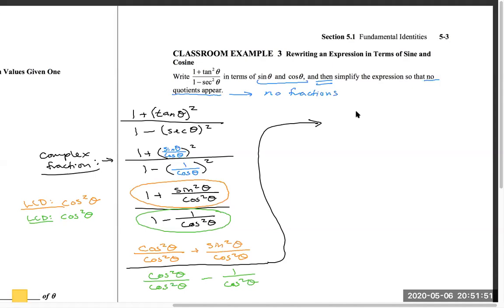All right, so once our fractions have the same denominator, we can take the numerator, sum it, and put it over the same denominator, which is common now. You have cosine squared theta minus 1 over cosine squared theta.